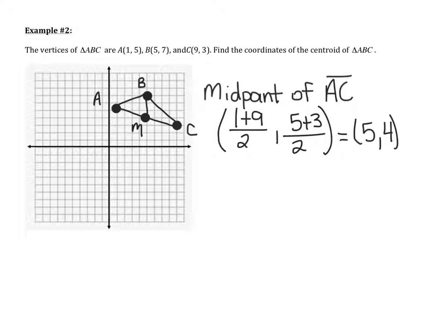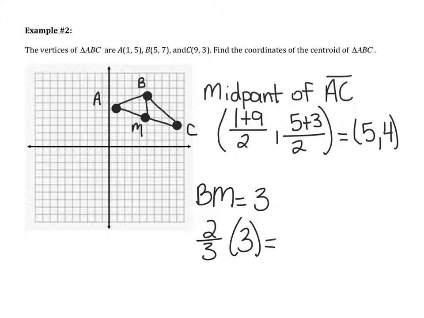So the centroid would lie 2/3 of that way. So BM, again, is 3 units long, and the centroid is 2/3 of that. 2/3 of 3 is 2. So that means starting from vertex B, if I go down 2 units below it, I would find the centroid.